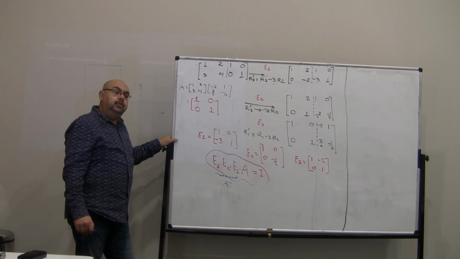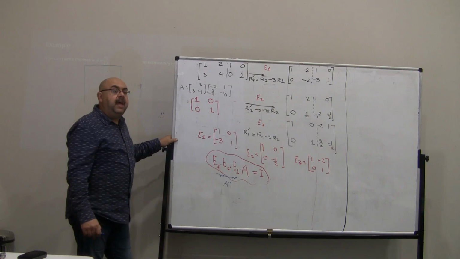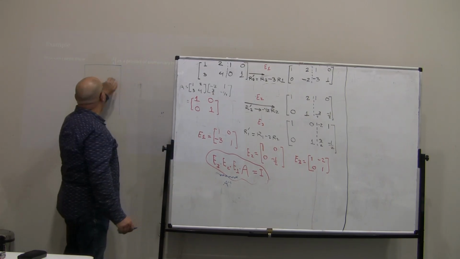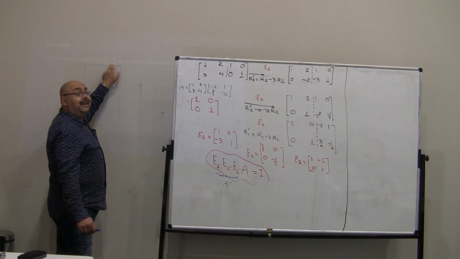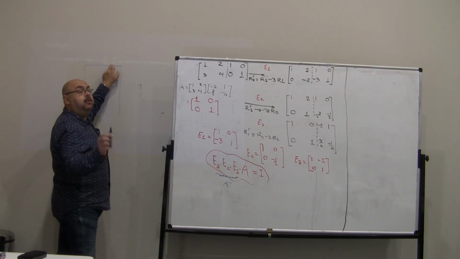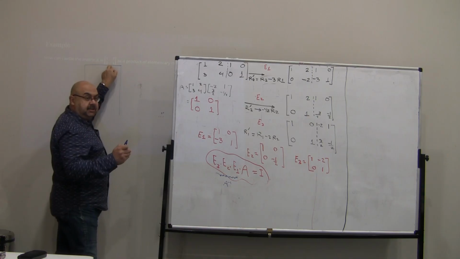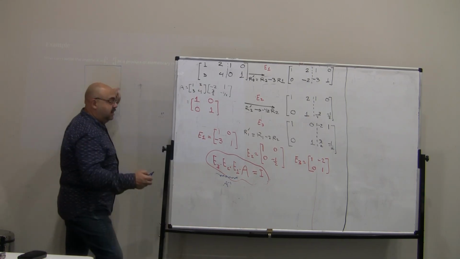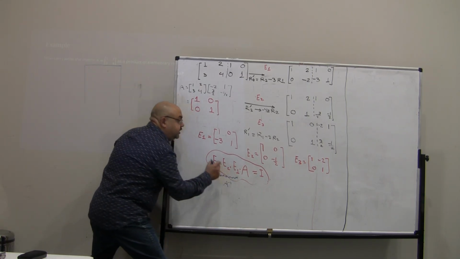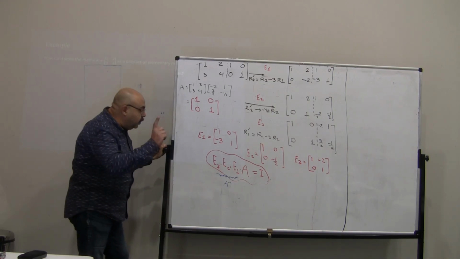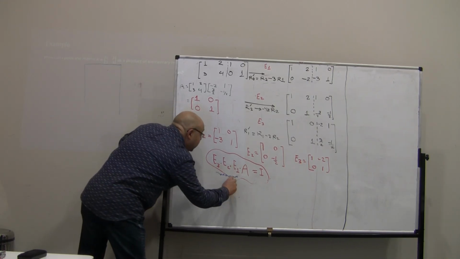So if I want you to represent the inverse of this matrix as elementary matrices, once more, I want you to represent the inverse of this matrix as elementary matrices. This is the result, and it will be written like this.